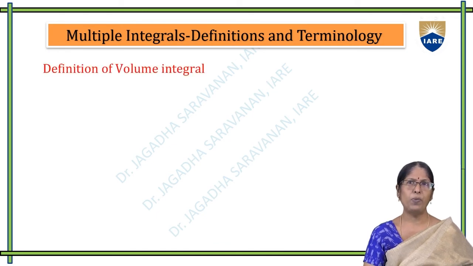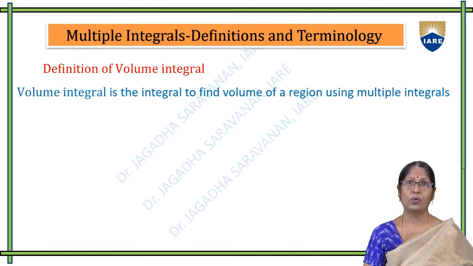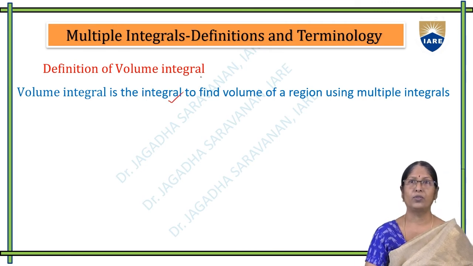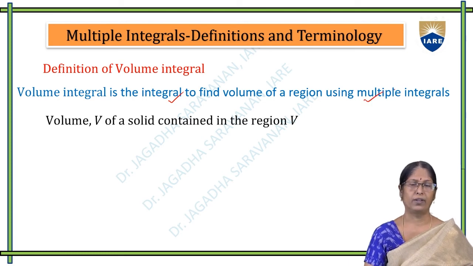Now, what is the purpose of this triple integral? That is to calculate the volume. So volume integral is the integral to find the volume of a region using multiple integrals.